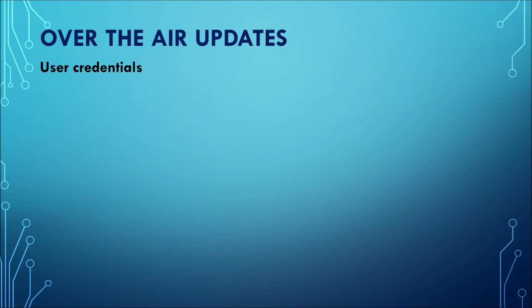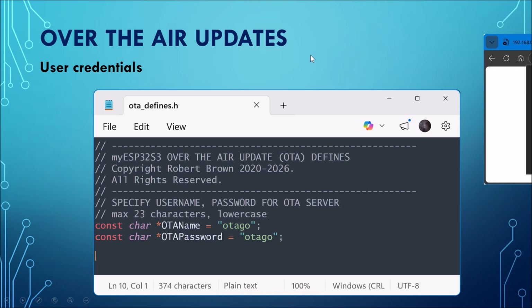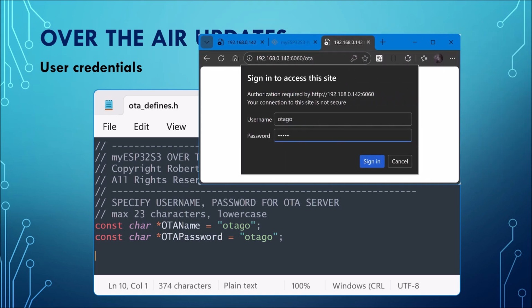So looking at user credentials, they're specified in a file called OTA defines.h, which is in the firmware subfolder defines, and currently they're set to this. You can easily change this. And those credentials are used when you actually sign in. So here we're trying to access the OTA server, and we require a username and password.